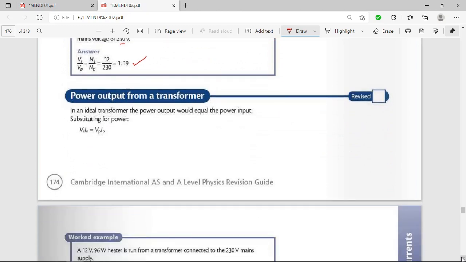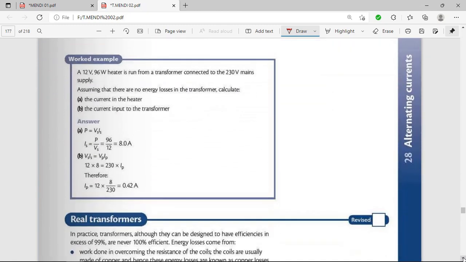Then in any ideal transformer, the power output will be equal to the power input. So VSIS is equal to VPIP. We also have this example where a 12V 96 watt heater is run from a transformer connected to the 230V mains supply. Assume that there is no energy loss in that transformer, meaning it's an ideal transformer.